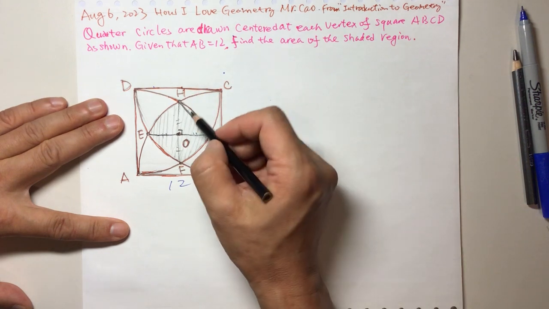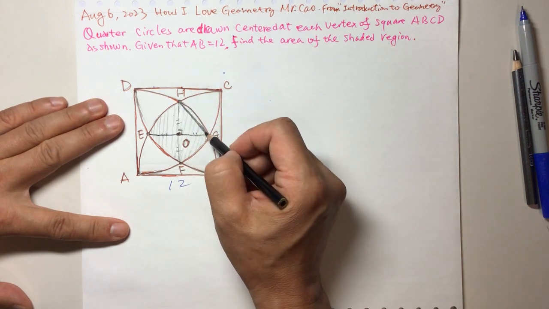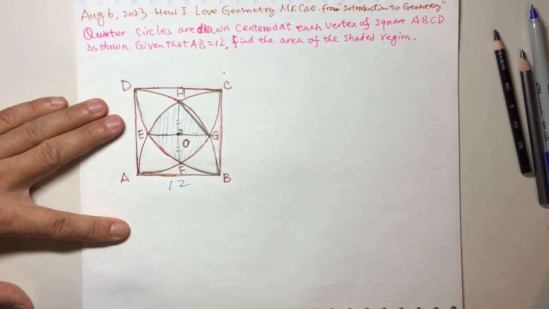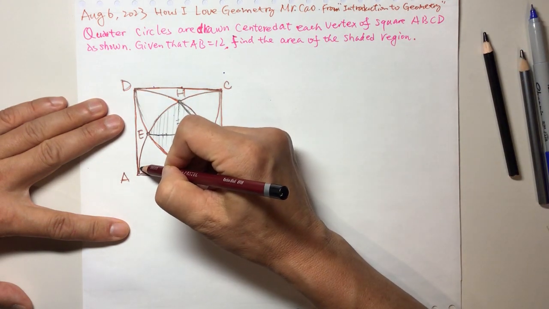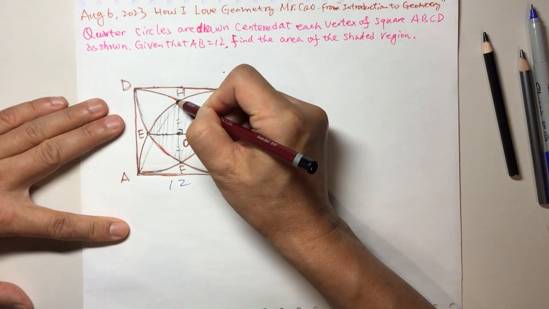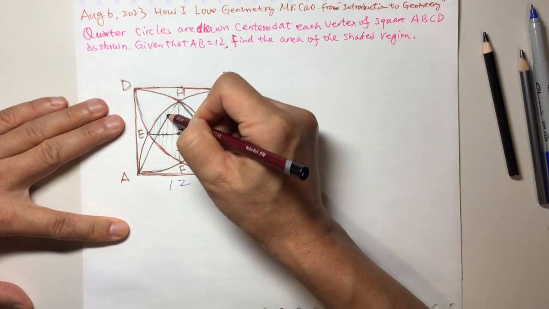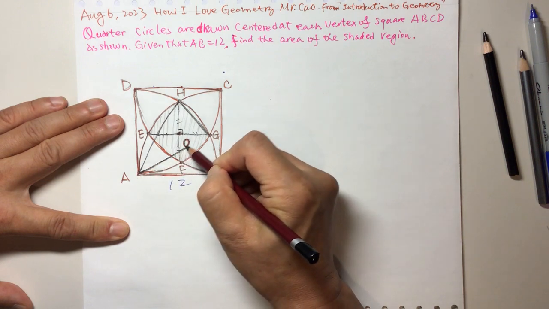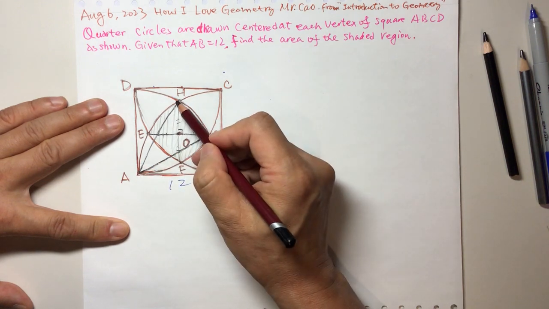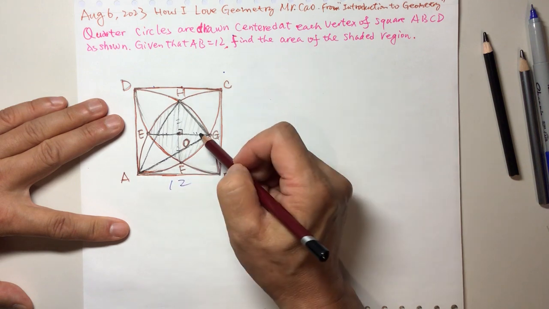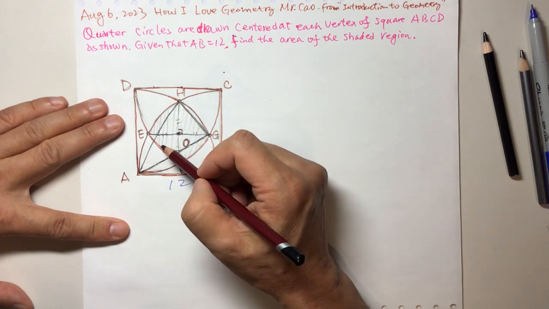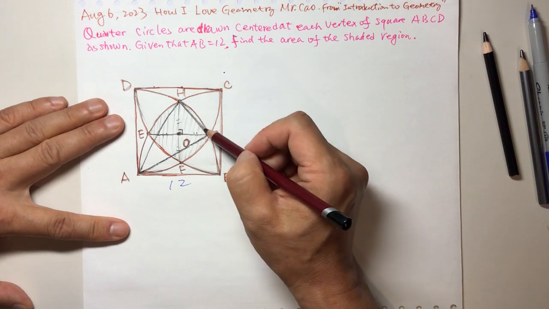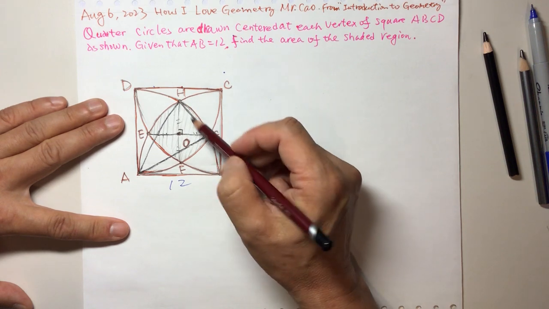So if we want to find the sector HG's area, we can connect AH and AG. Then we can use the area of this sector AGH, and this arc part, the area for this arc part, right?